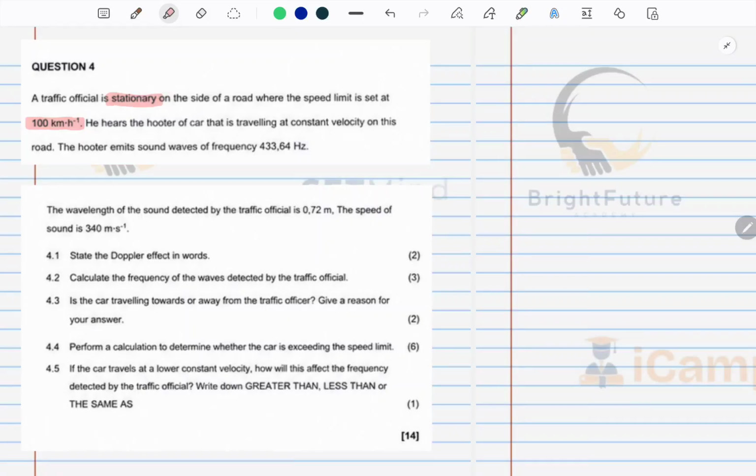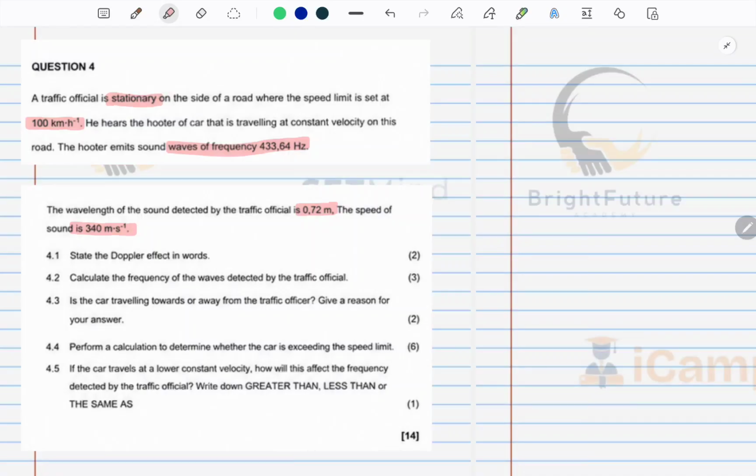The hooter emits sound waves of frequency 433 hertz. The wavelength of the sound detected by the traffic official is 0.72. Then they're saying here the speed of sound is 340 meters per second.